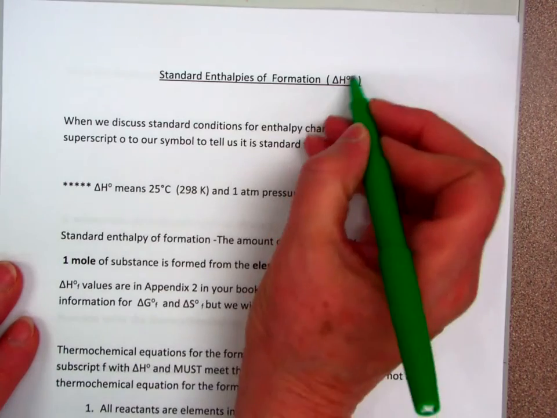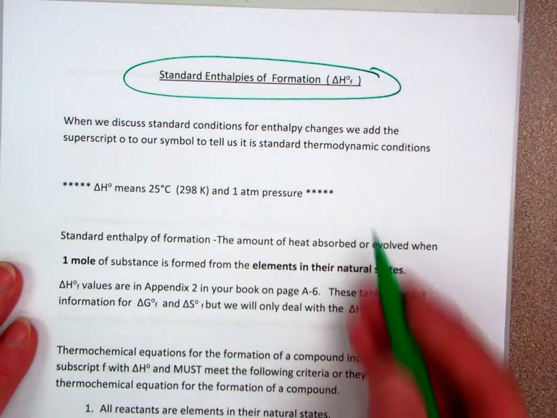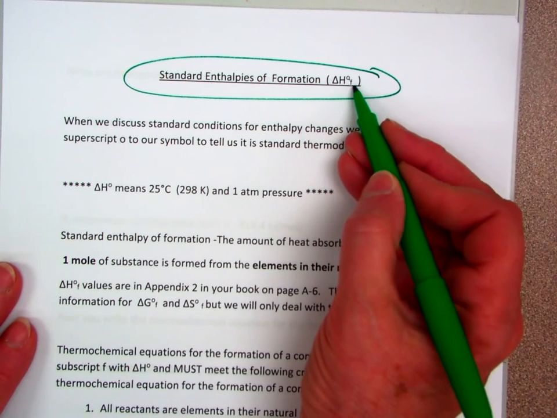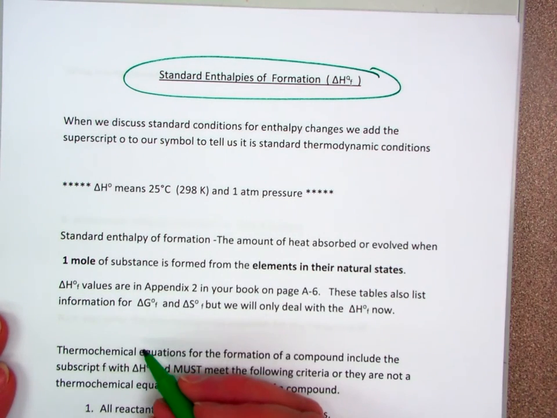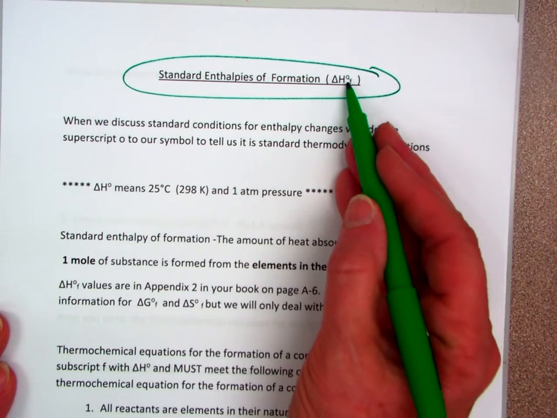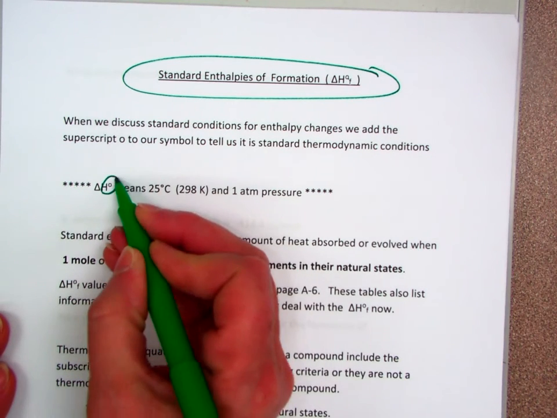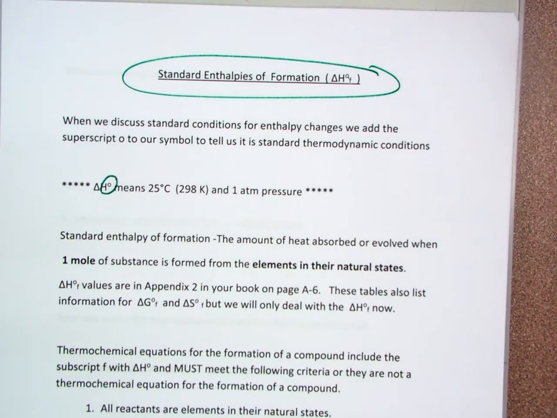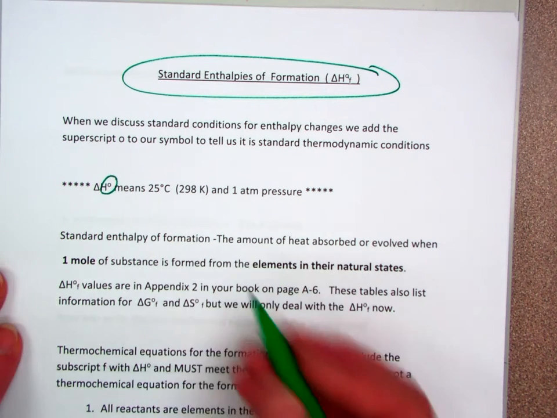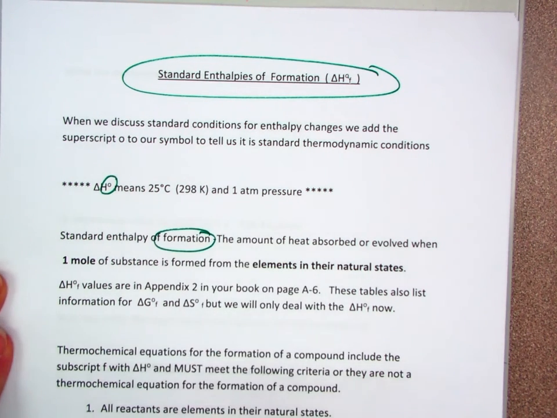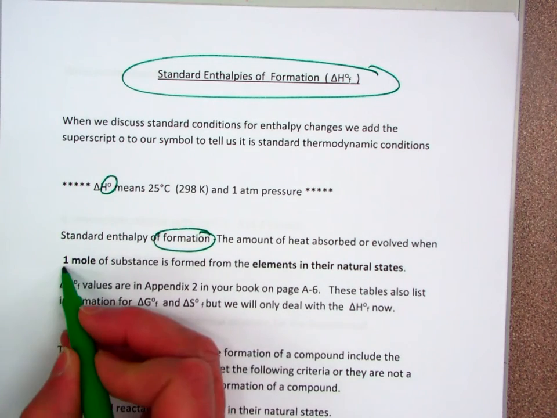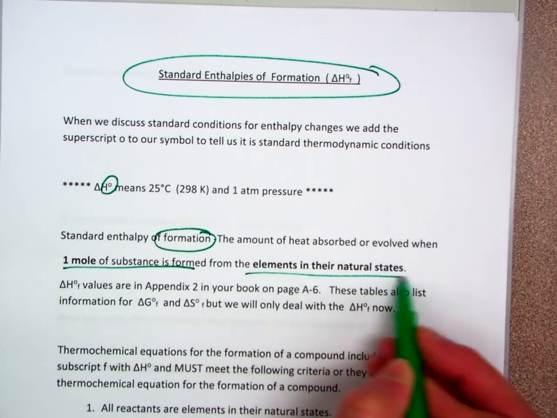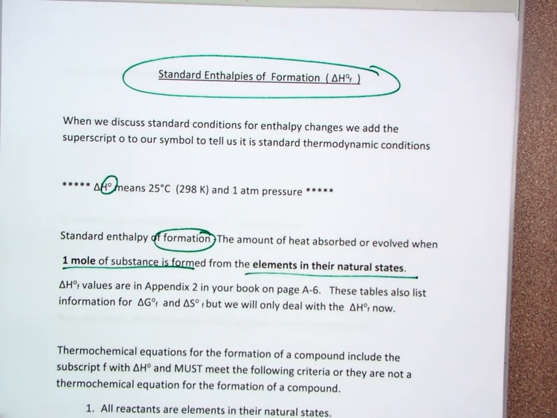Now, when we talk about standard enthalpies of formation, delta H 0 sub F, 2 important pieces of information. This little superscript 0 means 25 degrees Celsius, 298.15 Kelvin, and 1 atmosphere pressure. And the F means that we are making 1 mole of substance from the elements in their natural states.